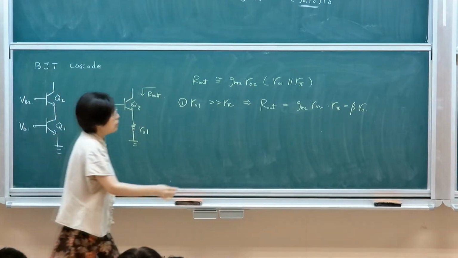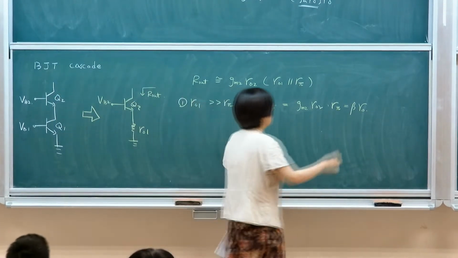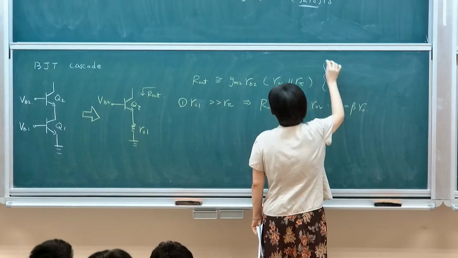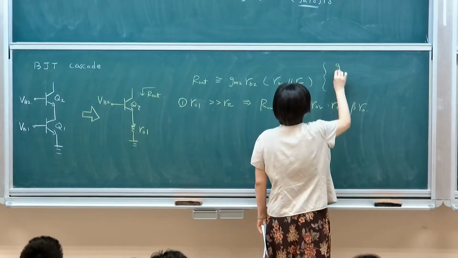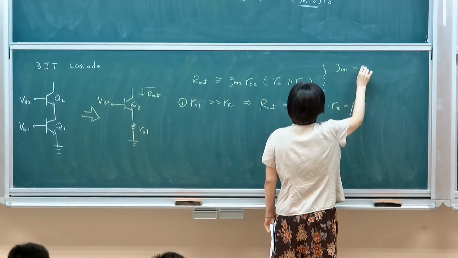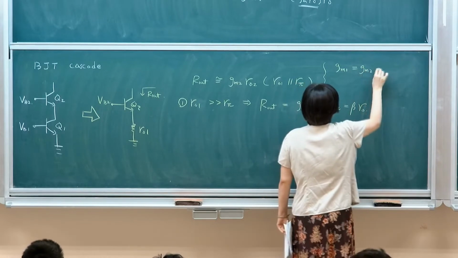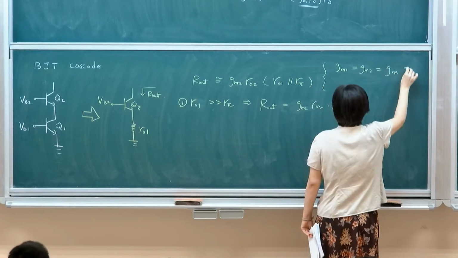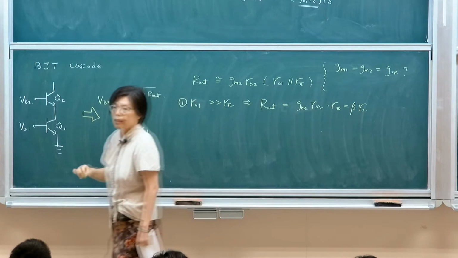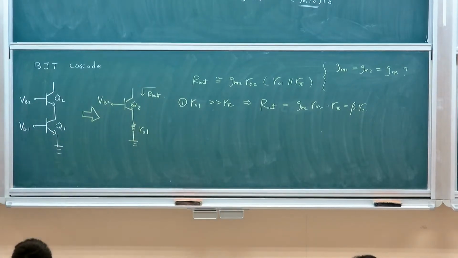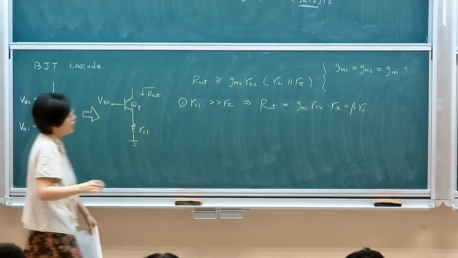Let me just say that for the bipolar version, GM1 is always equal to GM2 equals GM. Why? What is the GM of bipolar? You still remember? I should say approximately.